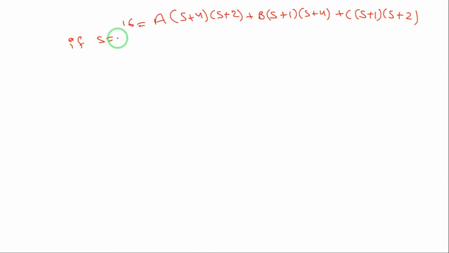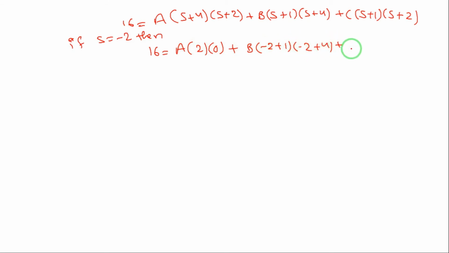If s is equal to minus 2, what happens? The a term is completely 0, plus b into minus 2 plus 1, which is minus 1, times minus 2 plus 4, which is 2, plus the c term also gets 0. So minus 2b is equal to 16, then b is equal to minus 8.